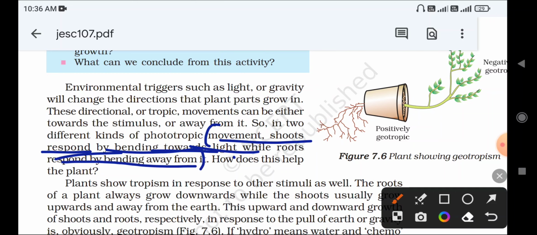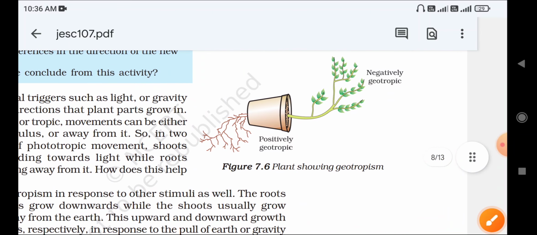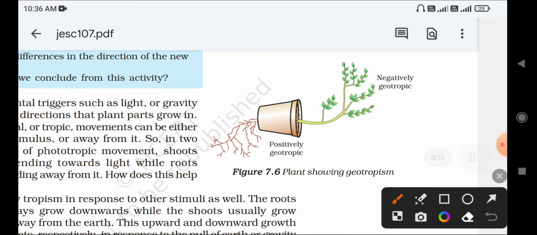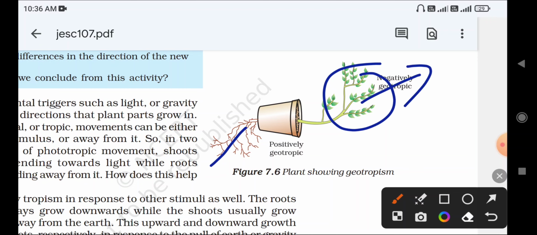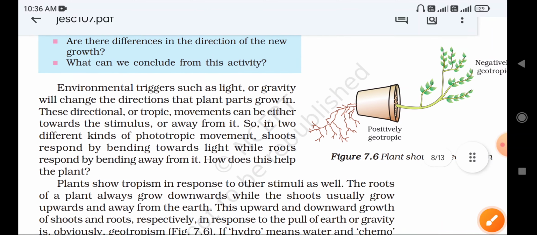This is called phototropism. For example, here the plants are showing shoots bending towards the light, and roots bending away from the light is called phototropism. Okay, very important definitions.